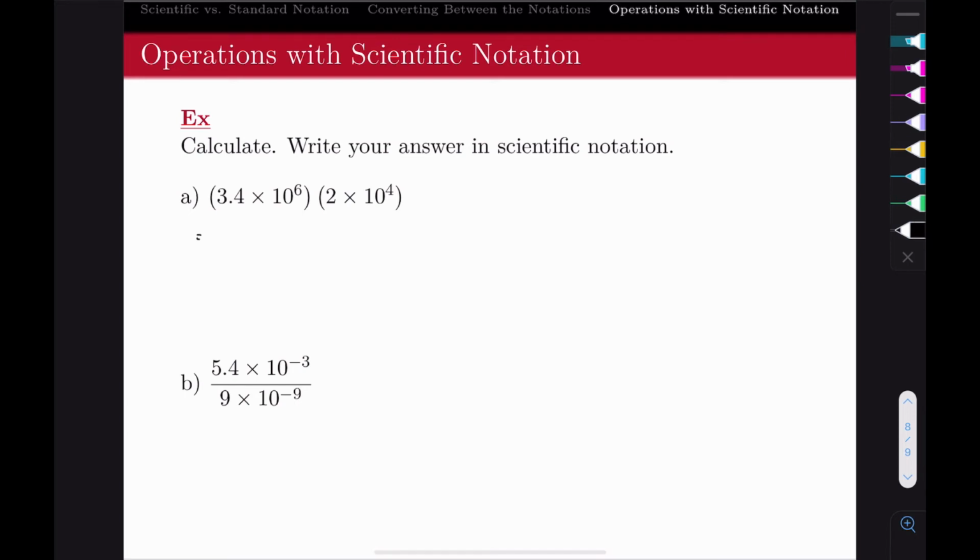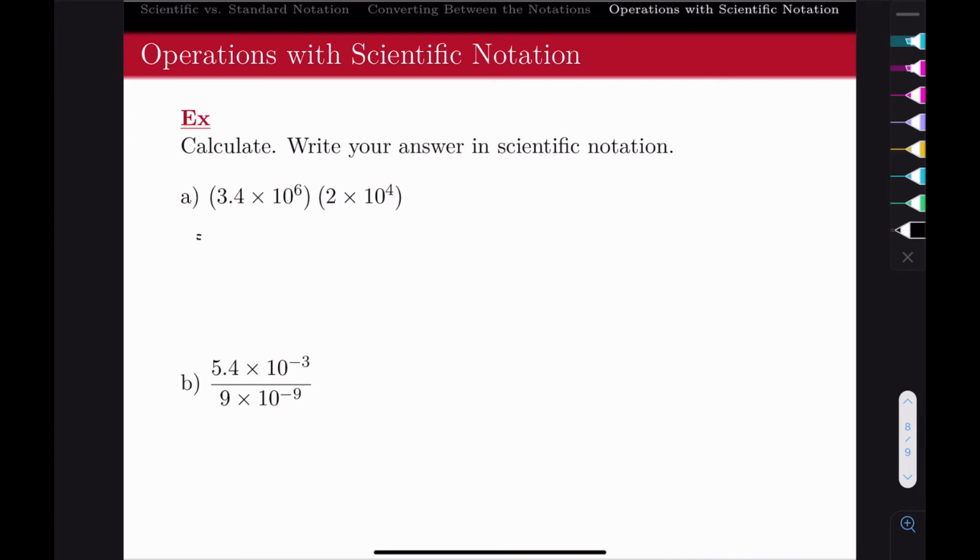So what I'm going to do instead, this is really just 3.4 times 10 to the 6 times 2 times 10 to the 4. We just use this symbol here because it makes it a little more clear that this is a specific notation. But all that does is it still represents multiplication.